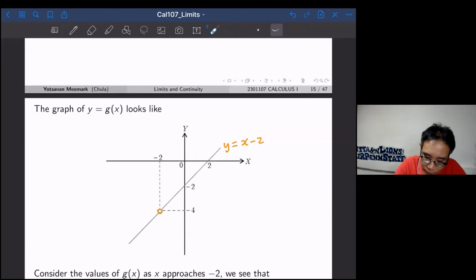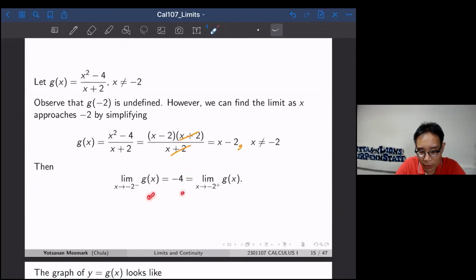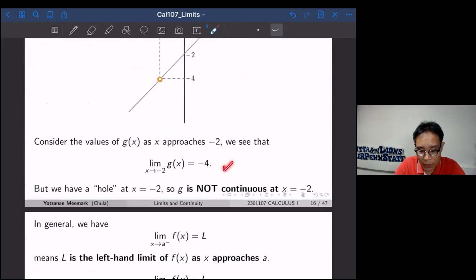When x approaches negative 2 from the left, your graph approaches negative 4. Similarly, if x approaches negative 2 from the right, your graph approaches negative 4. So the left limit equals negative 4 and the right limit equals negative 4, and we say that the limit as x goes to negative 2 of g(x) equals negative 4.